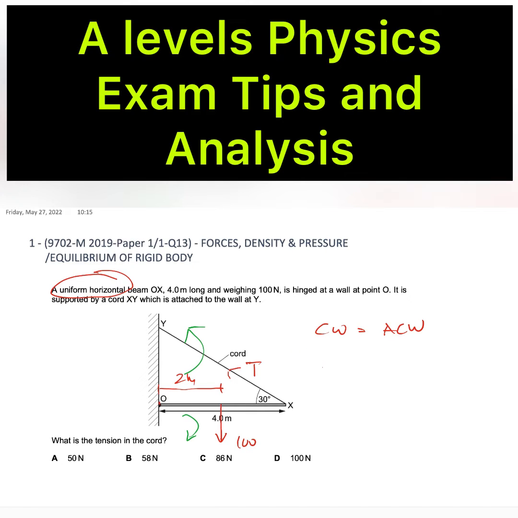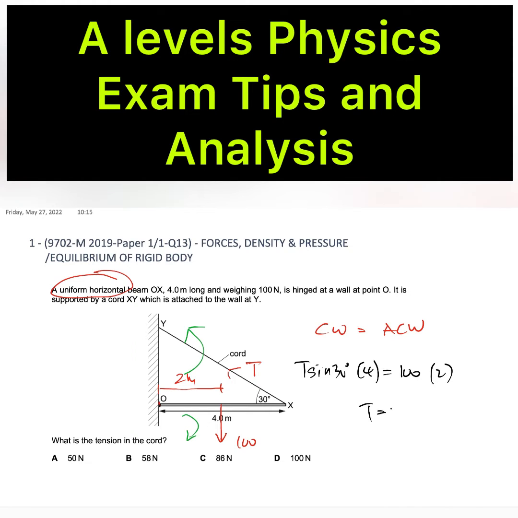After that, you just have to put in the values. You have to resolve vertically, so this is T sine 30, multiplied by the distance from the pivot point, which is 4. The other one is 100 Newton turning downward, with a distance of 2 meters.